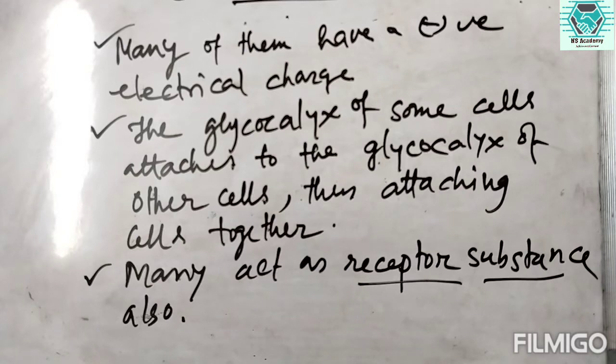So if we now say about the roles or the functions of cell membrane, then the proteins, lipids and the carbohydrates, all of them have important roles regarding the functioning of the cell membrane.